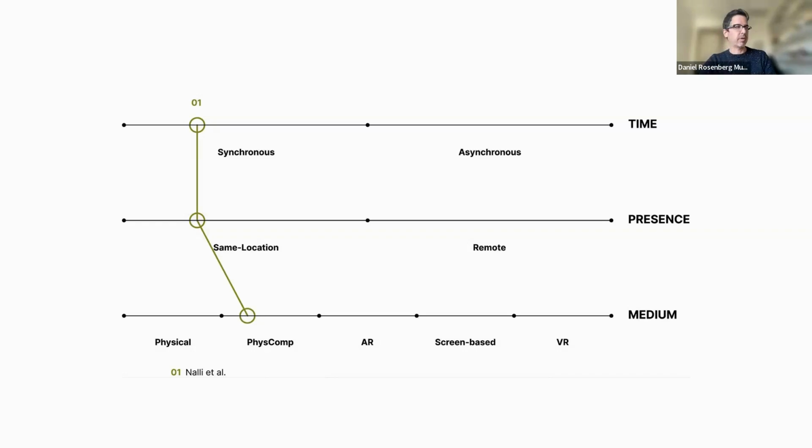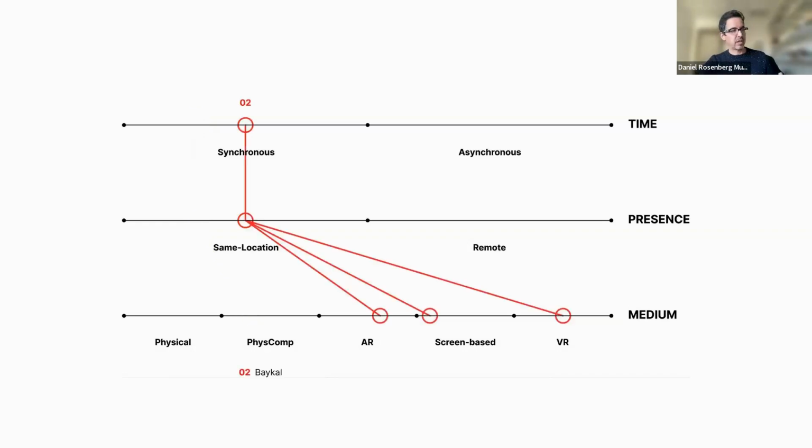The second paper introduces, interestingly enough, the time-space matrix, and we learned a lot from it. We used it to expand our understanding. In this case, they had a synchronous same-location setting, but with different types of mediums like AR, screen-based, and VR.